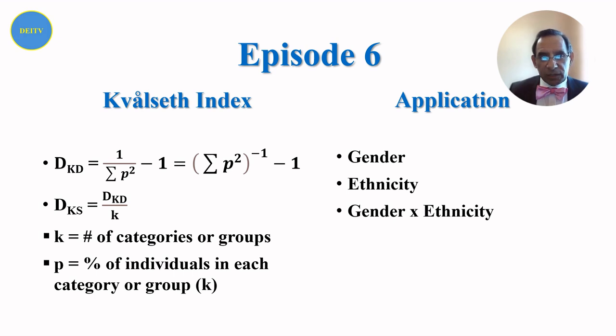Although the COFSET index does not use the total number of individuals, when I refer to the total number of individuals, that is capital N, and frequency is a small n. To be consistent with the previous 5 episodes, I will apply the COFSET index to the gender data, ethnic data, the gender by ethnicity data, as well as the revenue data.